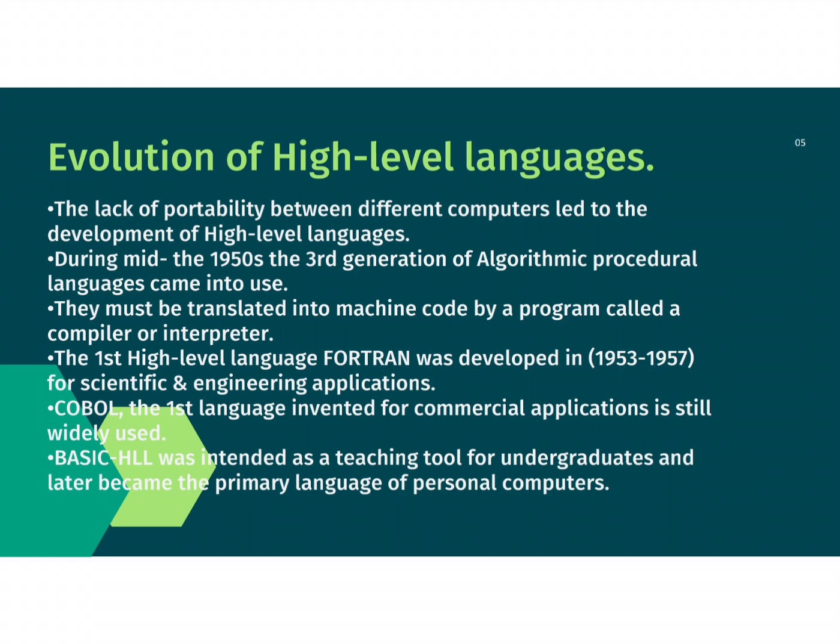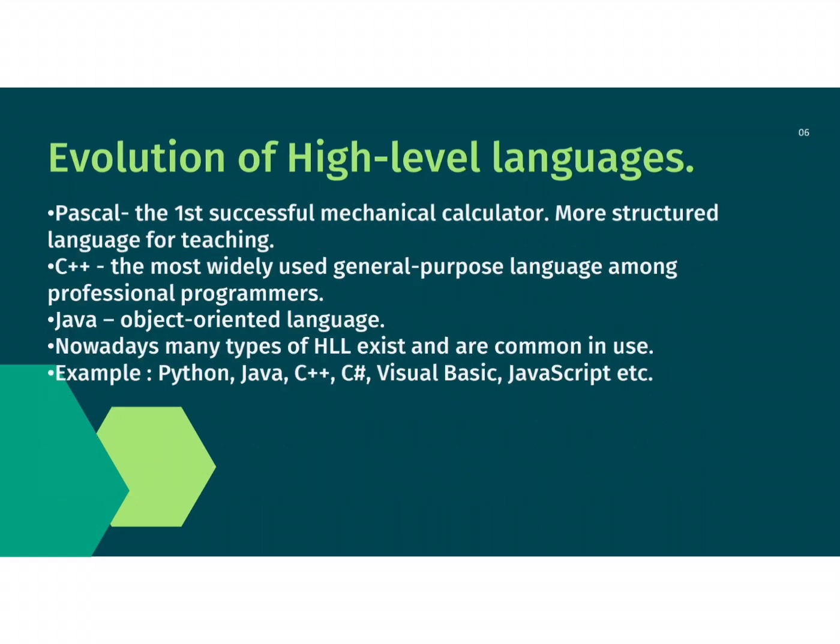But what about programming for personal computers? BASIC was intended to be used as a teaching tool for undergraduates, but later on it became a primary language used to program personal computers. Now what about doing maths? Pascal was the first successful language which was coded into a mechanical calculator.